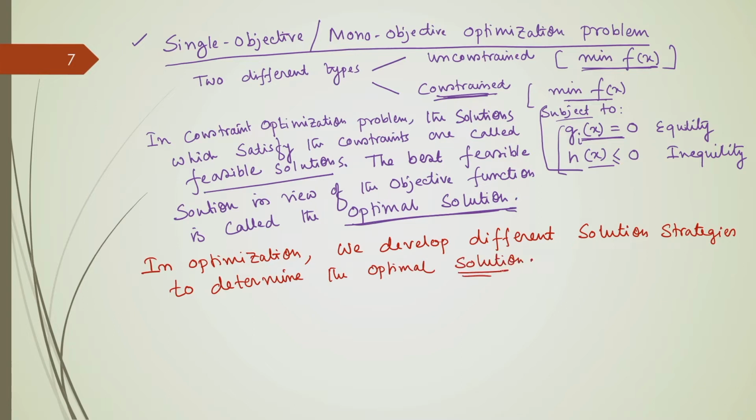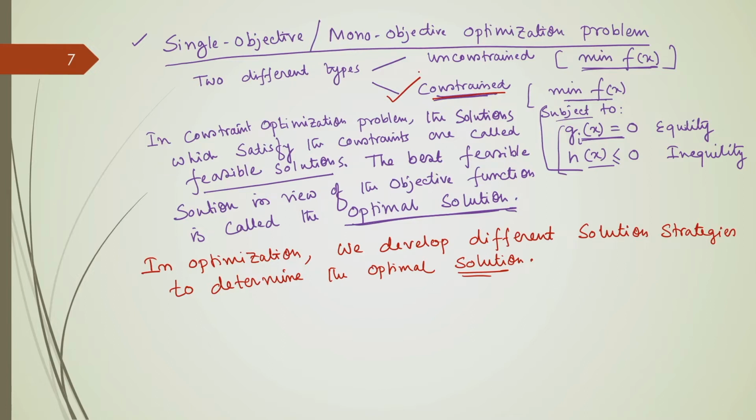In order to solve the optimization problem, traditionally there are different solution strategies, and the main goal, I will not call it objective, because objective is another objective function, so we already mentioned. The main feature of these solution strategies is to determine the optimal solution for an optimization problem.